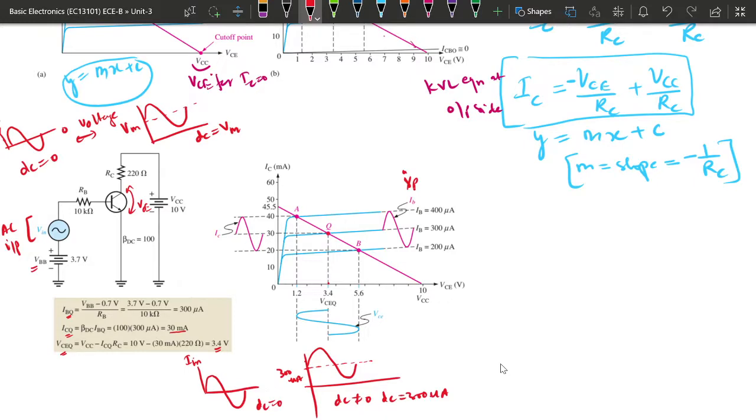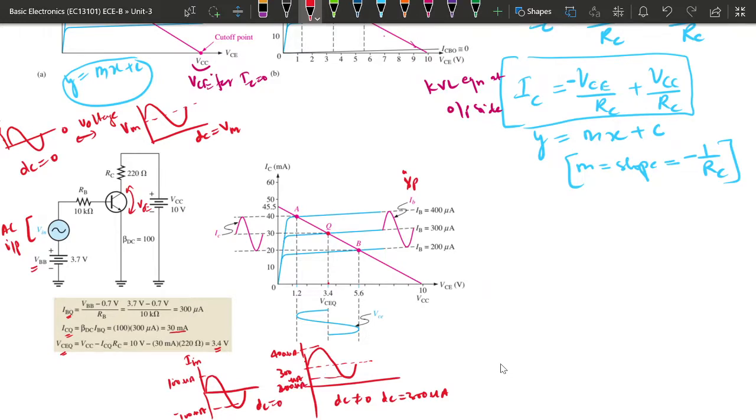That means AC is varying, suppose its maximum value is 100 microampere, and it has 100 peak value in the positive and negative direction. So if on 300 microampere we have superimposed this AC signal, its maximum value will be 400 microampere and the minimum value will be 200 microampere.